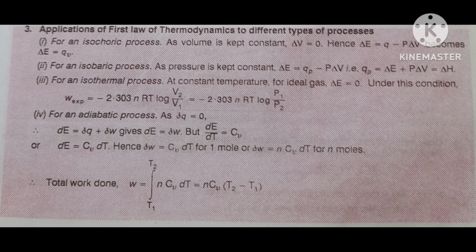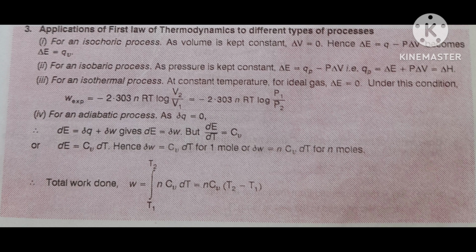That is for 1 mole of gas. For 1 mole of gas, dW is equal to CV into dT. But for n moles of gas, you have to multiply by n. Then now you can write dW is equal to n into CV into dT for n moles.